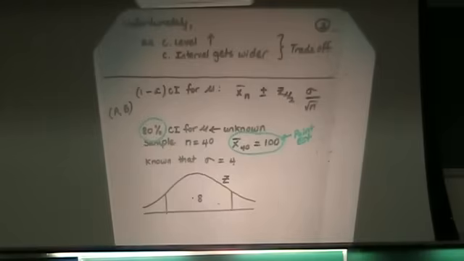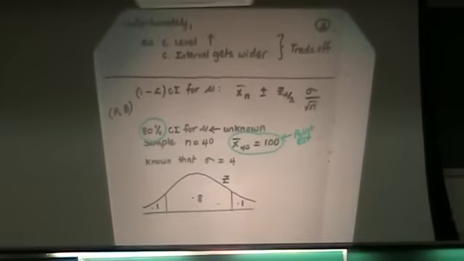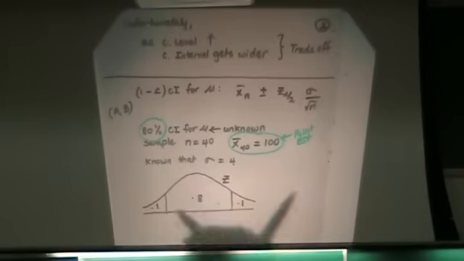That means that 20% is left to be shared between the two tails, right? Total 20. So 10 goes here and 10 goes here. That means this is 1 minus alpha.